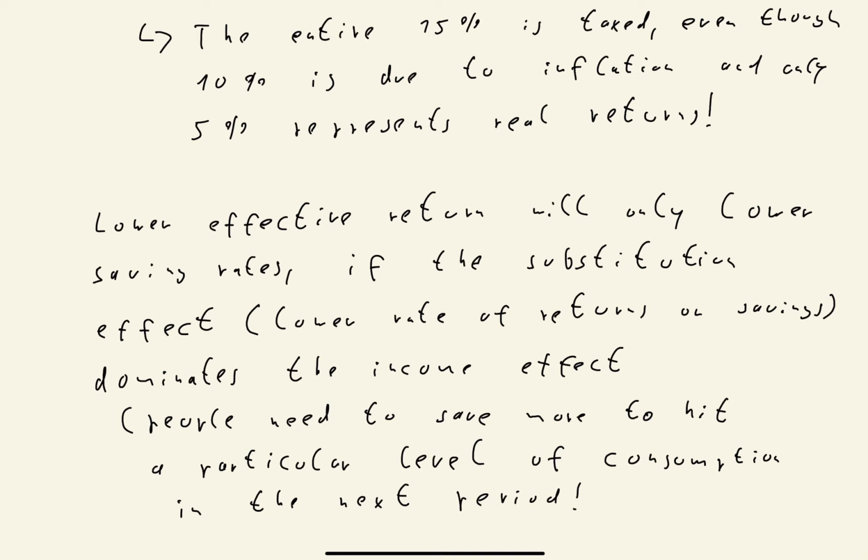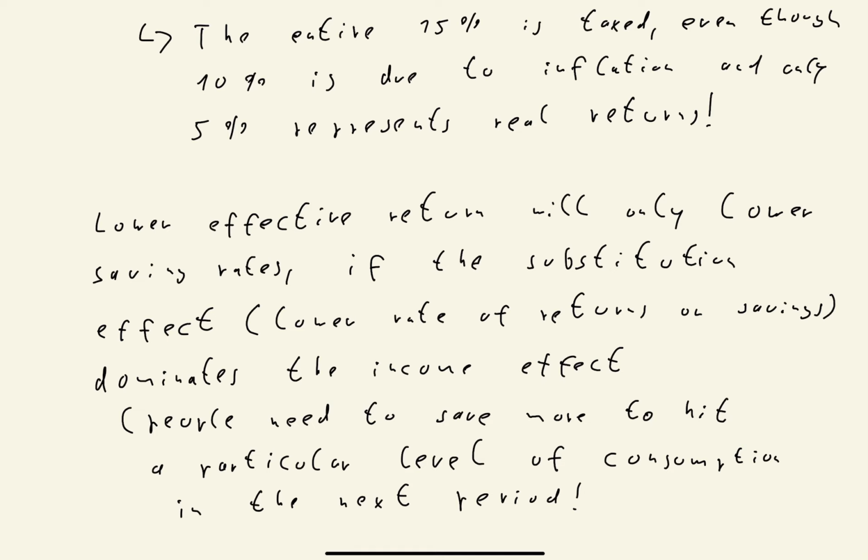But at the same time, let's say the future is the time where you're retired. For the time where you're retired, you want to have a fixed amount of net payments per month, then you would need to increase your savings in the present in order to be able to hit this level, because there are less returns on savings which you can carry over.